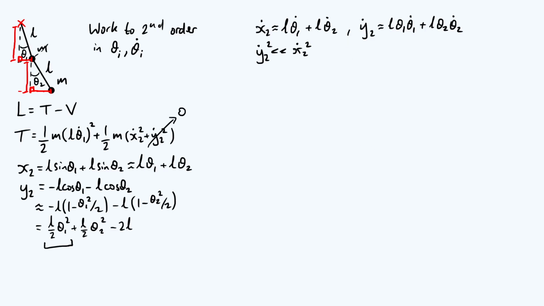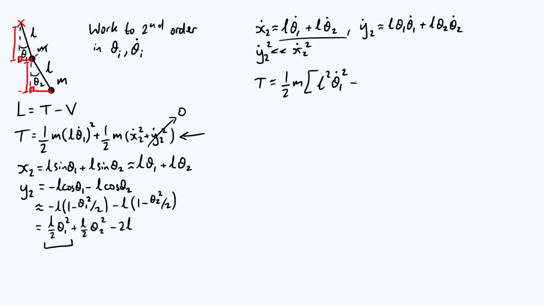So then, if we take our x2 dot and plug that back into our kinetic energy expression, let's see what happens. Well, our kinetic energy is going to be roughly, if you look back at this expression that we started with, there is a common factor of a half m to all of those terms. So I'm going to take out a half m. Then from this first term, if we just expand those brackets, we get L squared theta 1 dot squared. And then our second term is going to have this x2 dot squared, which is all of that stuff at the top squared.